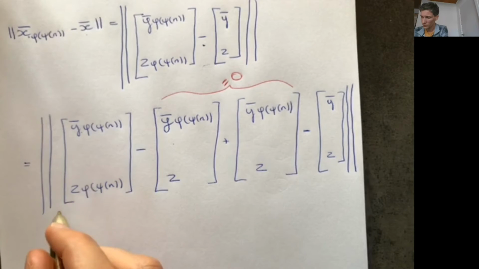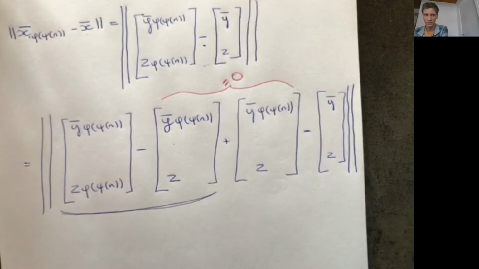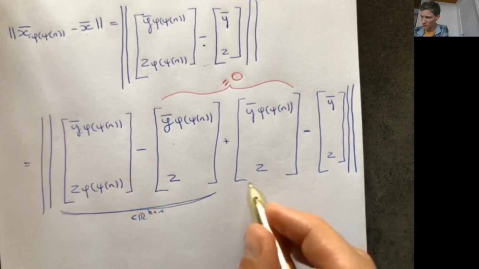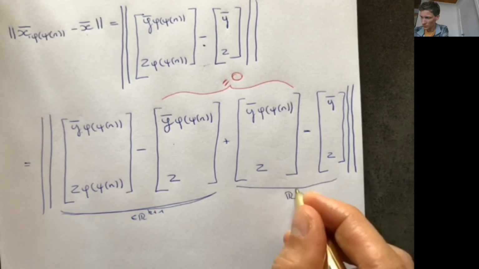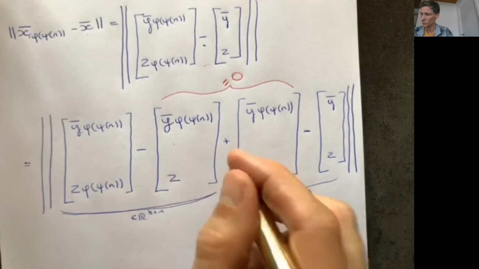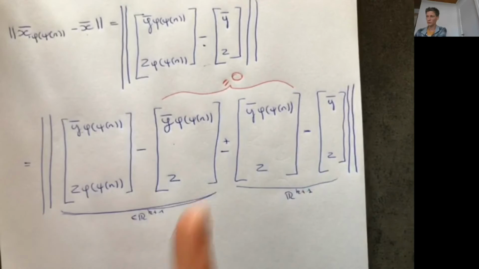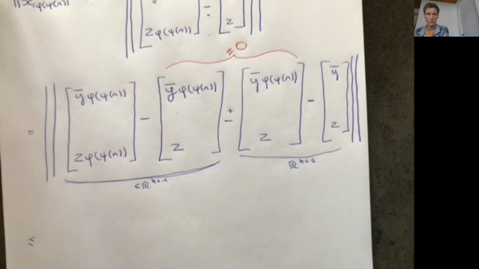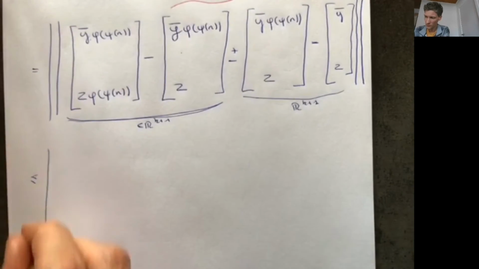And now, so this is a vector of dimension rk plus 1. This is also a vector of dimension rk plus 1 because it's the difference between two vectors of dimension rk plus 1, and we have a plus. Right, so we have a vector plus another vector. So we're going to use the triangle inequality here.